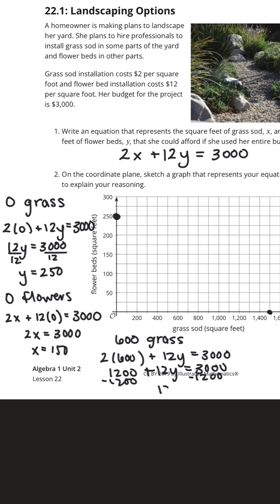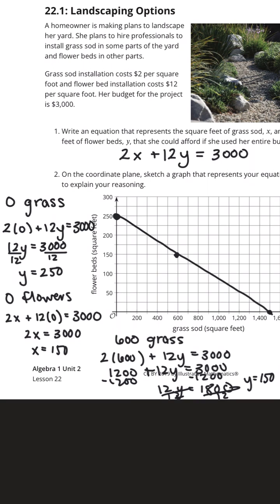We end up with 12y is equal to 1,800. When both sides get divided by 12 here, we end up with y is equal to 150. So that tells me if there are 600 square feet of grass, there's 150 square feet of flower beds. So it just gives me another point that I can use to graph that line.